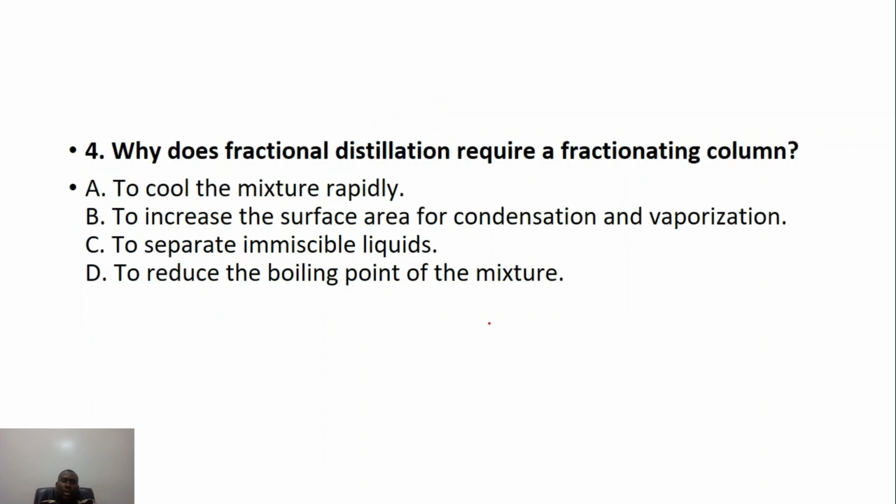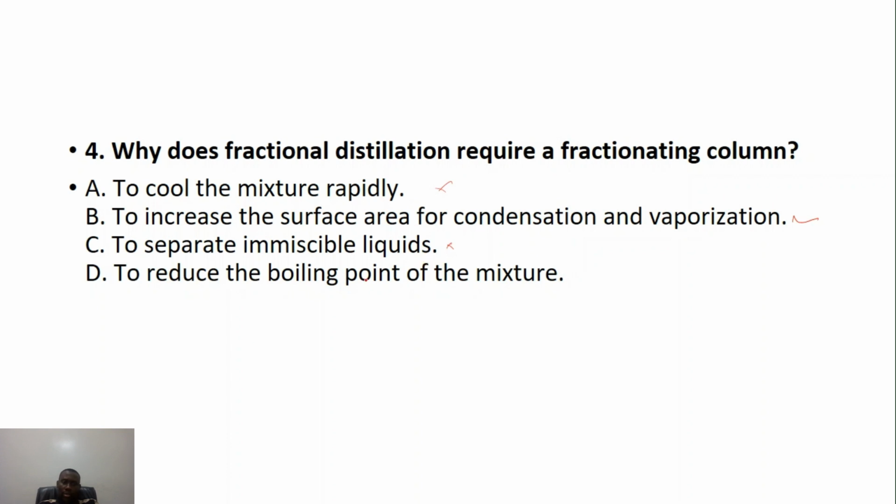Next question. Why does fractional distillation require a fractionating column? To cool the mixture rapidly is not correct. To increase the surface area for condensation and vaporization is correct. To separate immiscible liquids, this is not correct, because if you want to separate immiscible liquids, you rather use the decantation method.